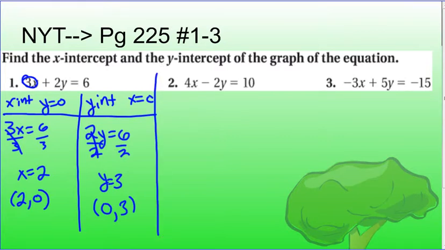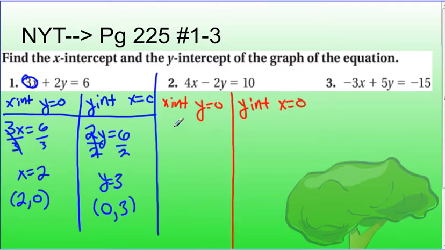Okay, number 2, same deal. The x-intercept happens when y equals 0. The y-intercept happens when x equals 0. So if I plug in 0 for y here, this piece is canceled out. I get 4x equals 10.